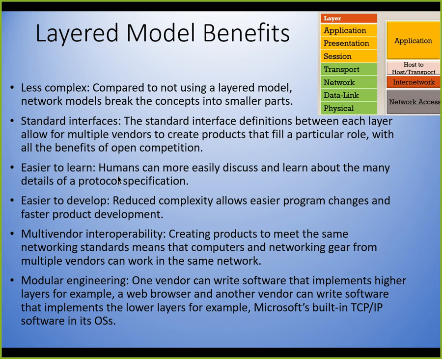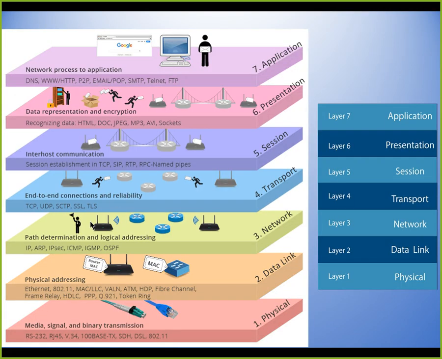When we refer to these things, we say, oh yeah, we're going to use the TCP/IP model, but when they talk about layers, think OSI model, not TCP/IP. Easier to develop, reduce complexity, allows easier program changes and faster product development. Again, specialization, multi-vendor interoperability, modular engineering. I told you I got some of these duplicated.